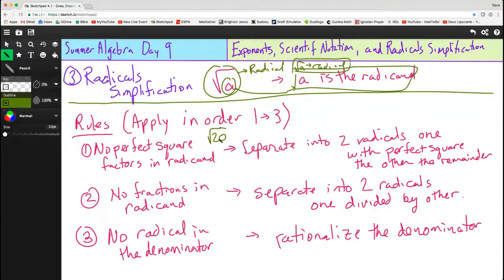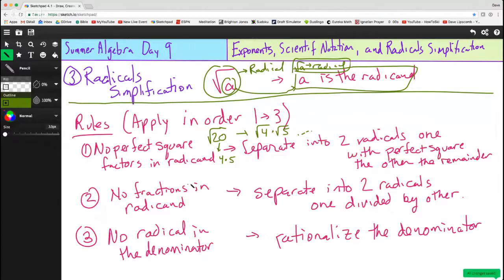Square root of 20 is not simplified because there is a perfect square factor in the radicand. 20 has a perfect square factor of 4. So in this case, we're going to separate this into the square root of 4 times the square root of 5, and then we're going to keep going from there. But that's the step that we do. We separate into 2 radicals.